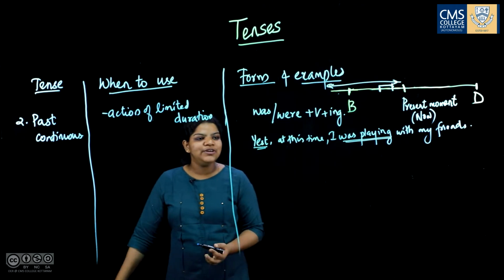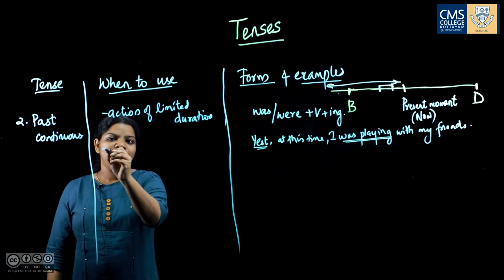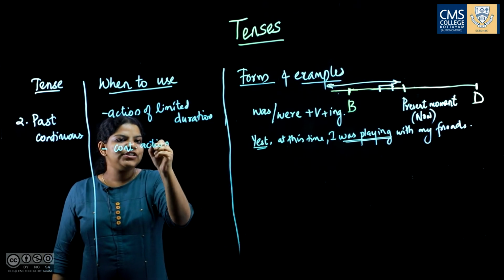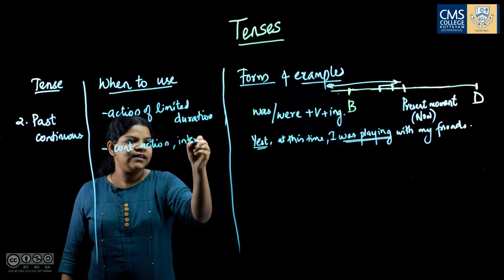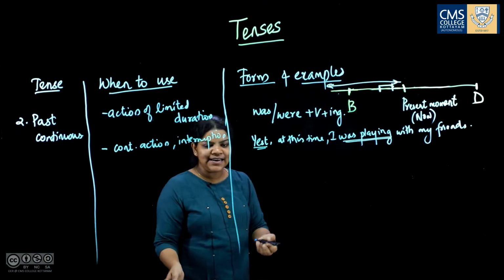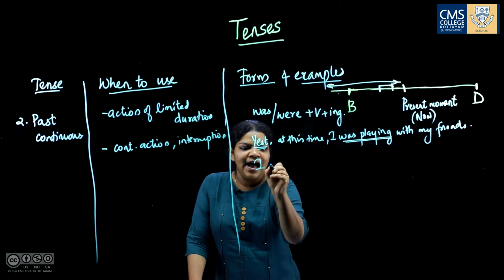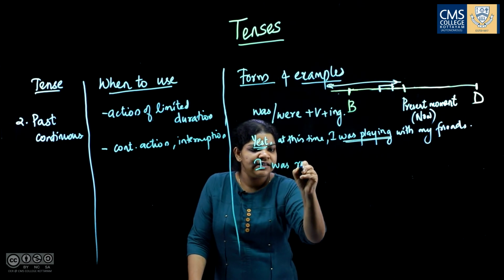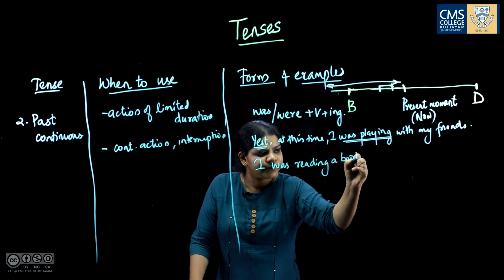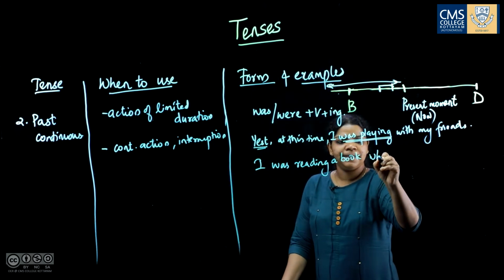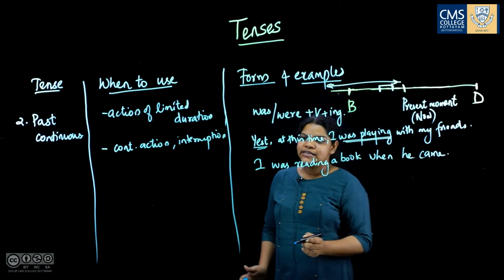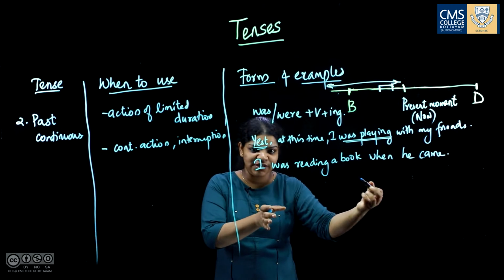Now, past continuous tense is also used when there is a continuous action which is interrupted by another action. Let's take another example. I was reading a book when he came. So here there are two actions.